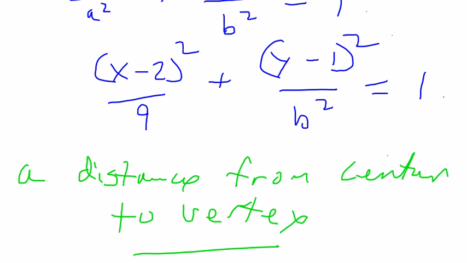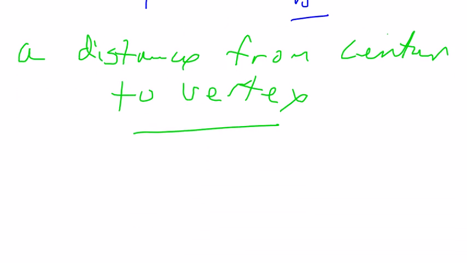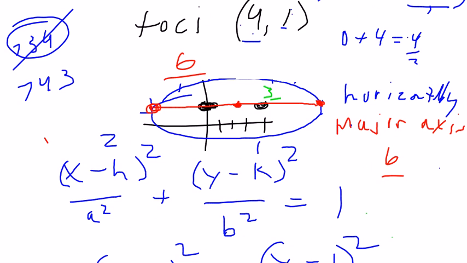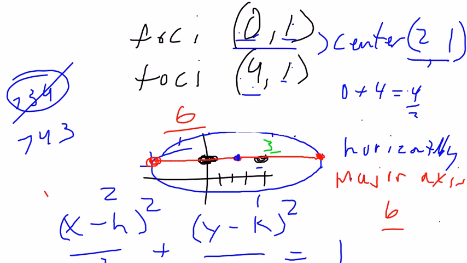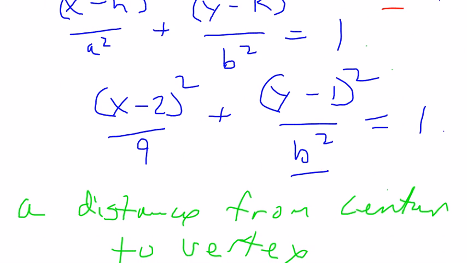Now, in order to solve this, we still need to find b squared. Well, there's a relationship: a squared minus b squared equals c squared. c is the distance from center to foci. The distance from center to foci is 2. Remember, this point here is (2, 1). This is (4, 1). The distance from here to here is 2.